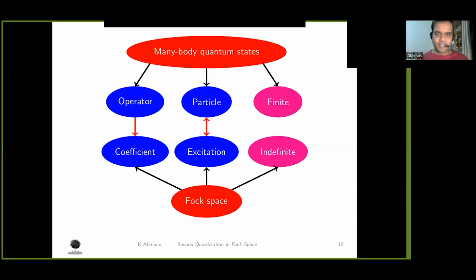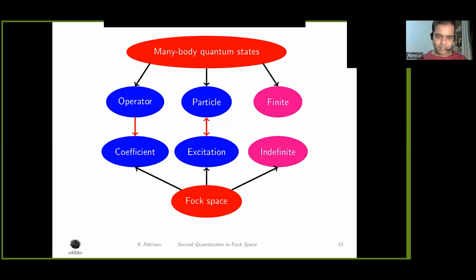So finally, we can summarize that many-body systems or quantum mechanical systems are represented by operators, individual operators. They represent definite particles, and this particle number is usually finite.